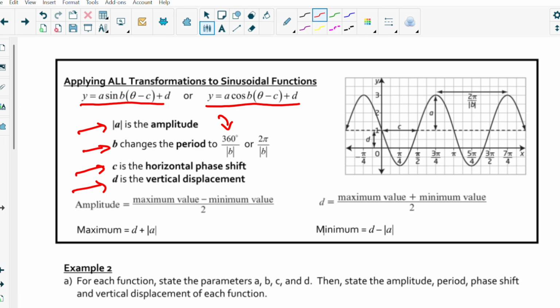Okay. Other formulas: amplitude equals the maximum value minus the minimum value divided by 2. Also, d, the vertical displacement, is the maximum value plus the minimum value divided by 2.